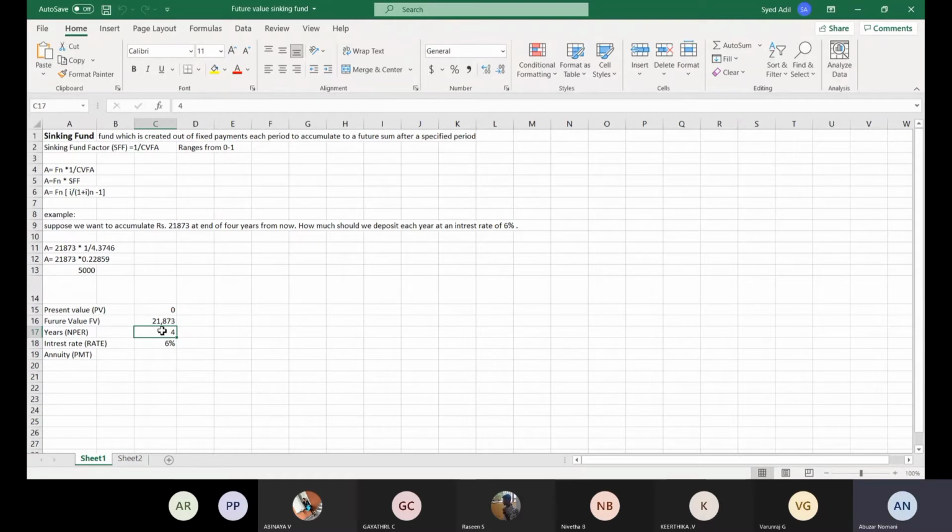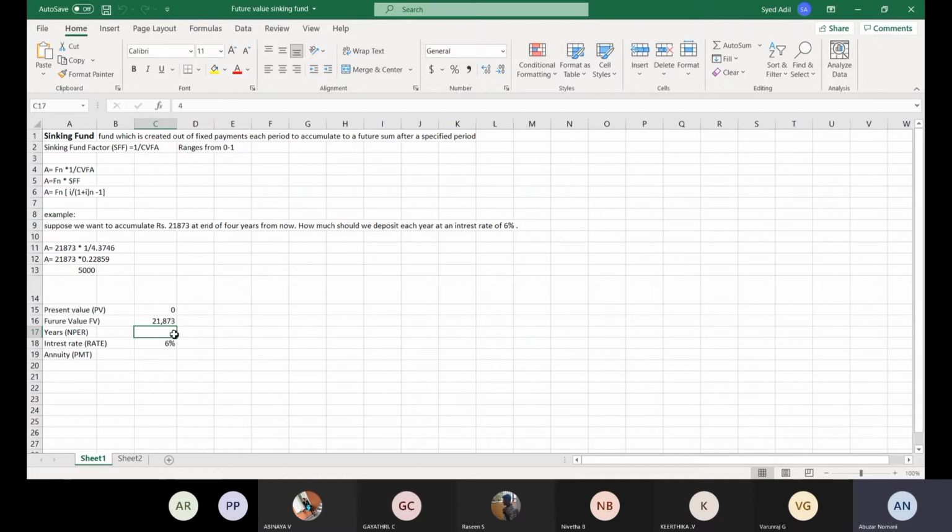How much should we deposit each year at an interest rate of 6%, so that it grows to 21,873 at the end of 4 years? So this is an example that I have given you.